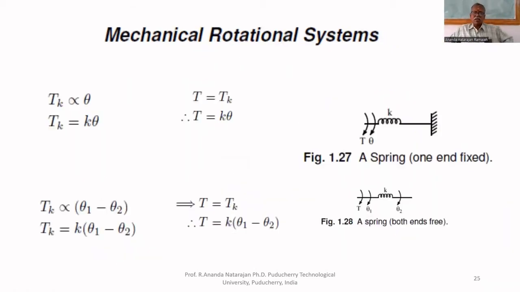Mechanical rotational system. So far, we have seen the mechanical translational system. Now, the rotational system. In translation, the linear displacement is x. Rotational system means theta. It rotates.